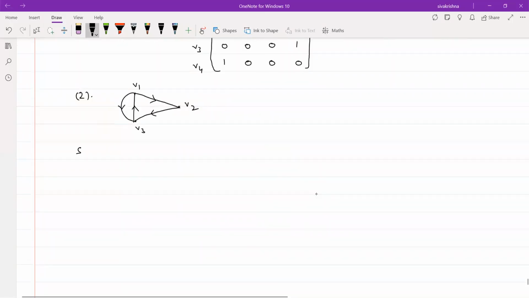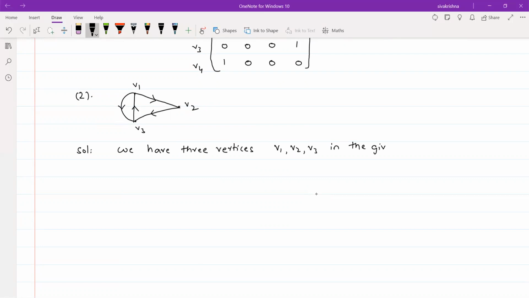So once again, coming to the solution, we have three vertices. Okay, so in the given digraph, we are having three vertices, v1 comma v2 comma v3. So whenever we are having three vertices, then we get a 3 by 3 adjacency matrix.